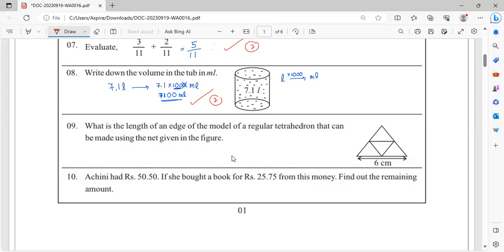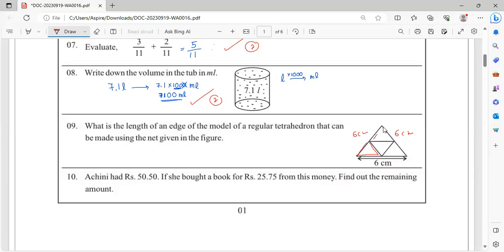A tetrahedron is obtained from equilateral triangles. Equilateral triangle means all sides are equal. Then if we consider the other sides, they are also 6 centimeters. This is also 6 centimeters. Then these are the edges of what?